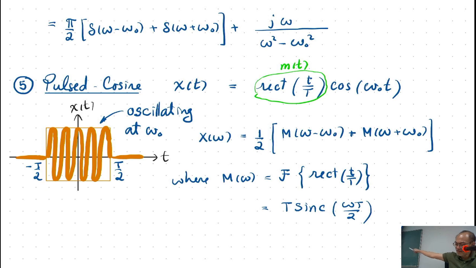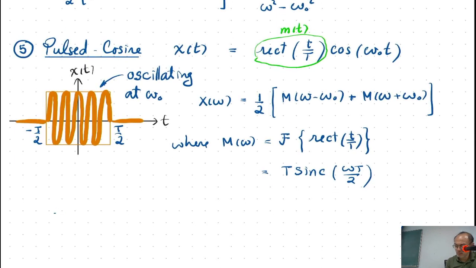So we have to plug the sinc signal into our equation. Again, we replace omega with omega minus omega 0, and for the other one, replace omega with omega plus omega 0. So we have the spectrum of the pulse cosine as 1/2.